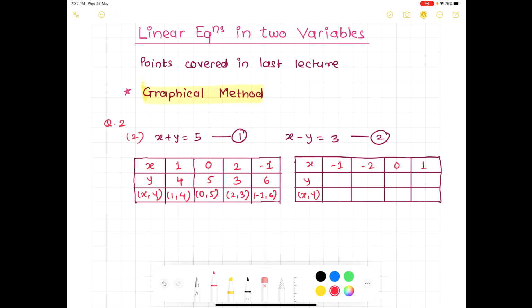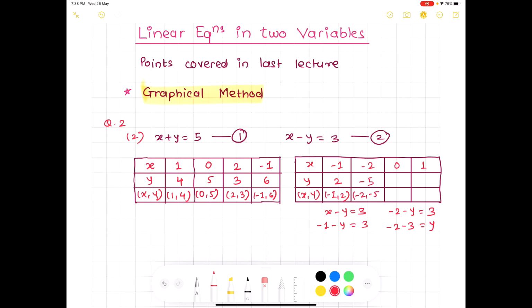So minus 1 minus y is equal to 3. X minus y is equal to 3, so minus 1 minus y is equal to 3. What will be the value of y? Y will be minus 1 plus 3, that is 2. So minus 1, 2. Next, minus 2 minus y is equal to 3. That's why minus 2 minus 3 is equal to y. So it will be minus 5.